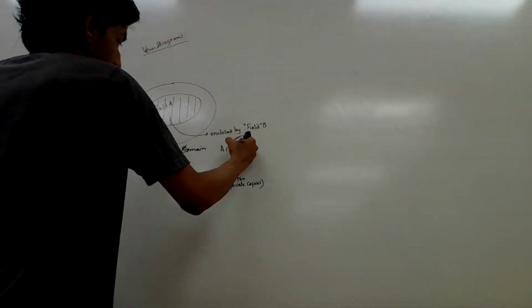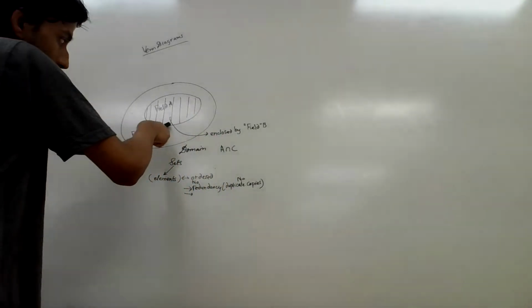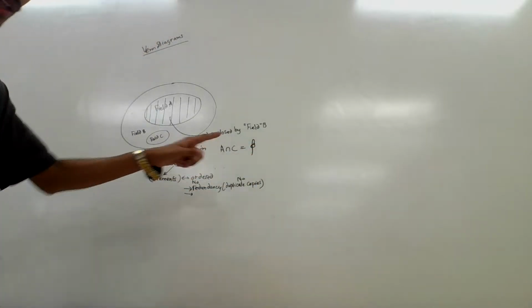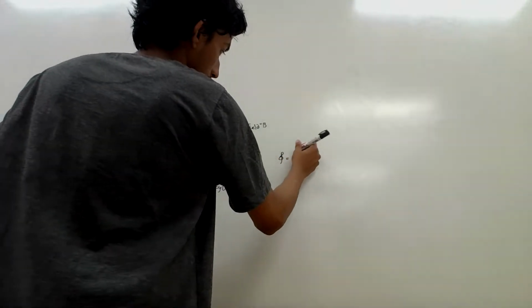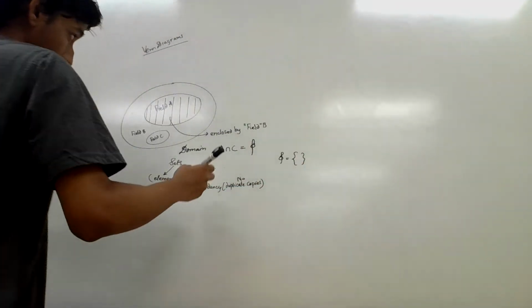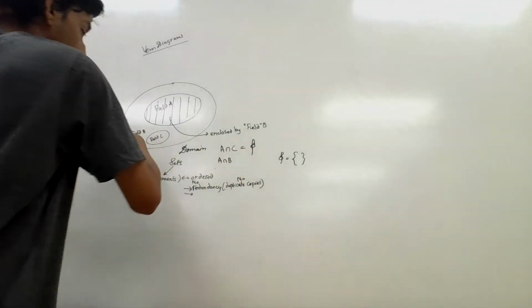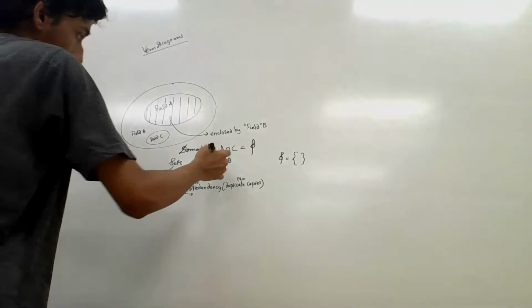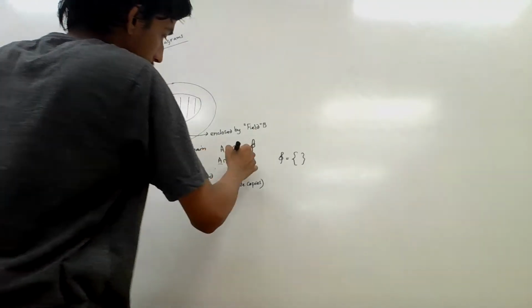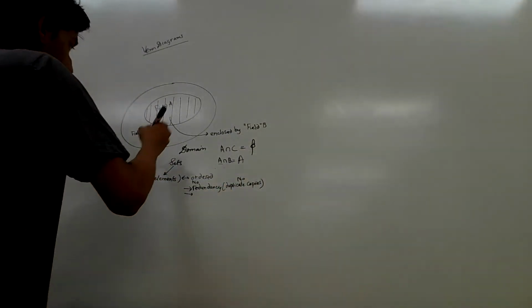So if you try to find what's common between A and C, you'll notice that there is no space between A and C that is common. So you will write this as a null set. Null set means there is nothing in this set, absolutely nothing. If you were to find the intersection between A and B, as A is completely bounded by B, you'll have to write this as A. Why does this work?